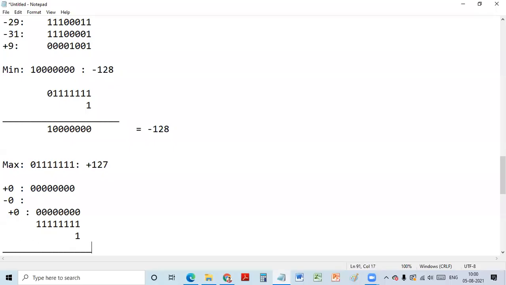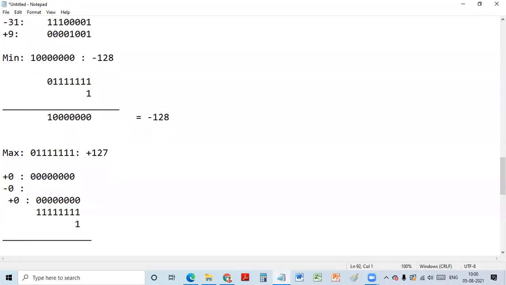How much am I getting? 1 and 8 zeros, right? So we'll be getting an extra carry, that is the 9th bit. Anyway, it will not be stored in the 8 bits. So that is extra carry. And anyway, in 2's complement addition, we will neglect the carry, if you remember.